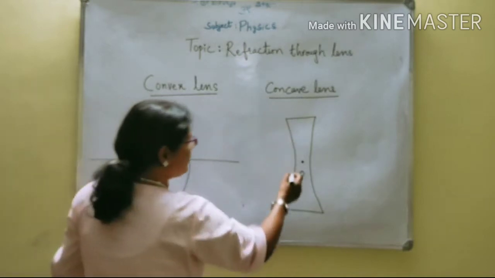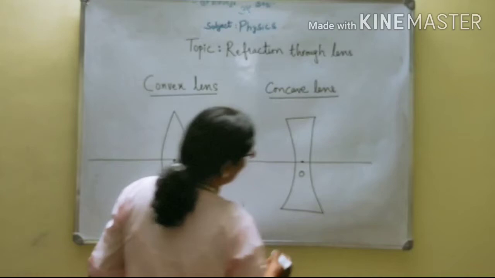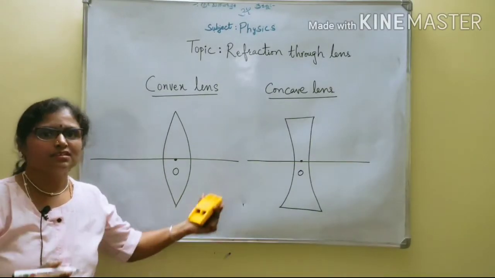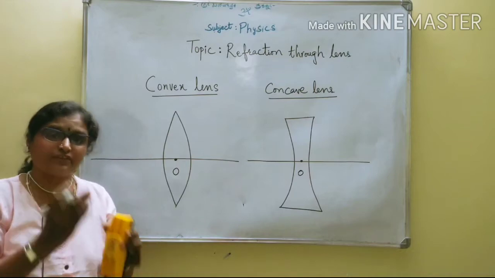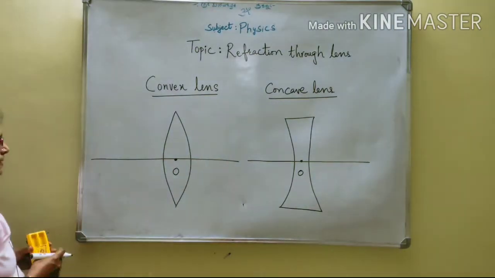Similarly, in the concave lens also, the line which passes through the optic center is the principal axis. I am showing you both the lenses simultaneously so that you can understand the difference between the convex lens and the concave lens.